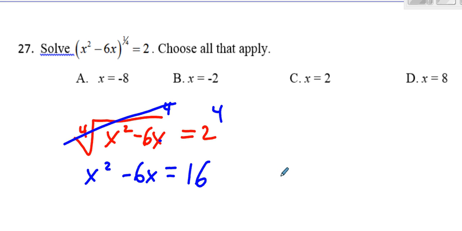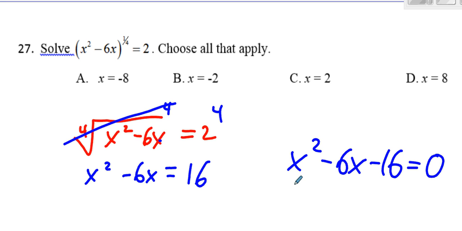And then we're going to factor this. So get everything on one side, set it equal to 0, get your 2 parentheses. So that's 8 times 2 is 16. And a negative 8 plus 2 is negative 6.